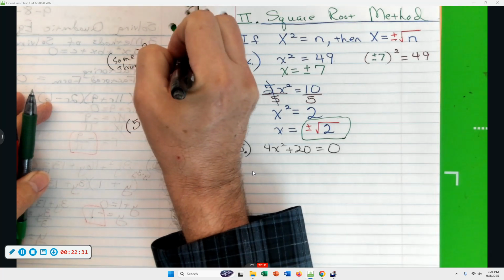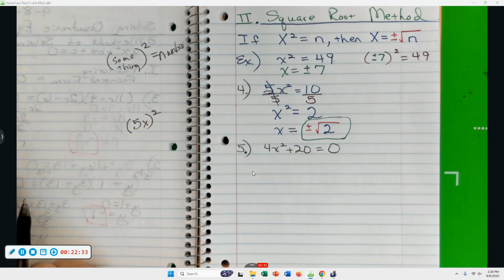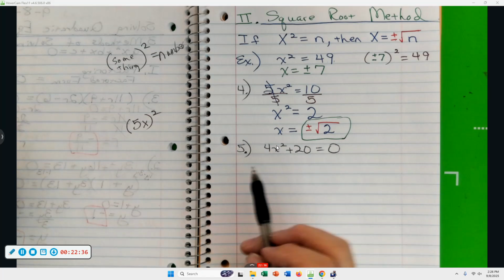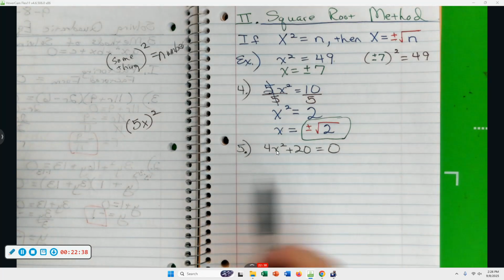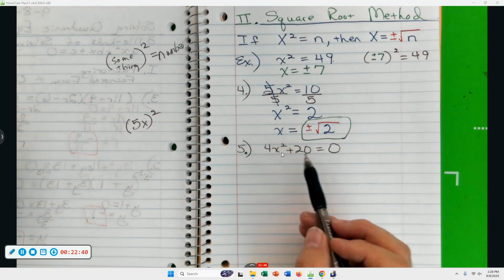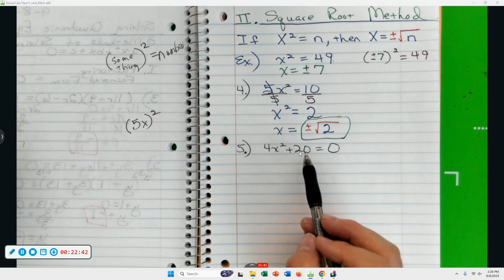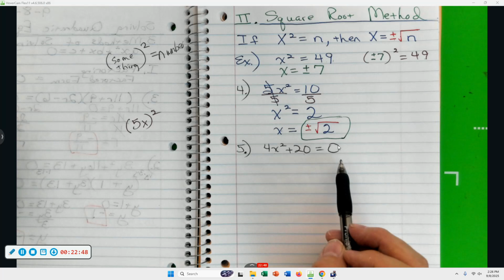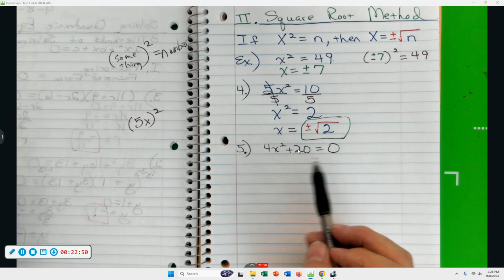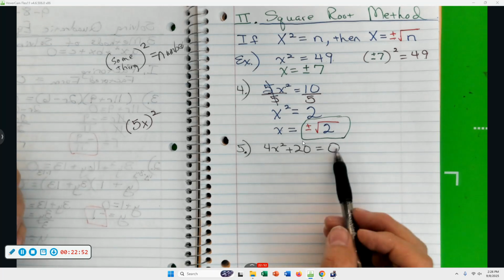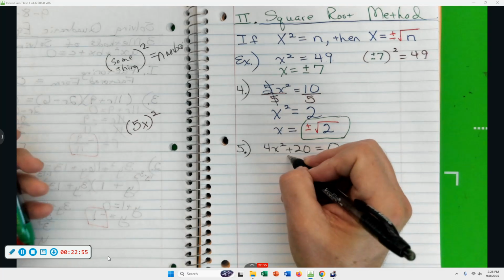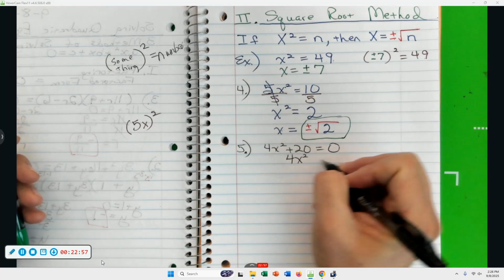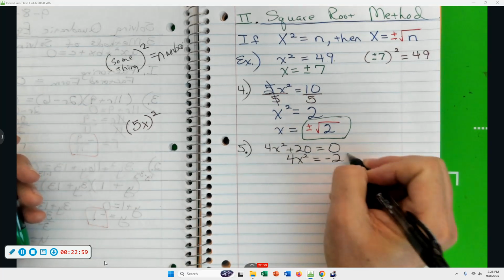That's what we want. Well, what's the only thing that's being squared here? The x, so we got to get rid of the 4, we got to get rid of that 20. We want the x squared by itself, and we want the number by itself over on the right-hand side. I'll get us started. Let's move that 20 over by subtracting 20. That'll give us 4x squared is equal to negative 20.